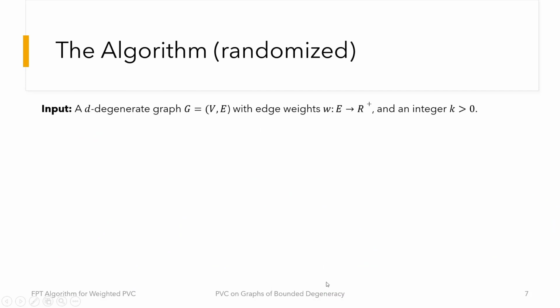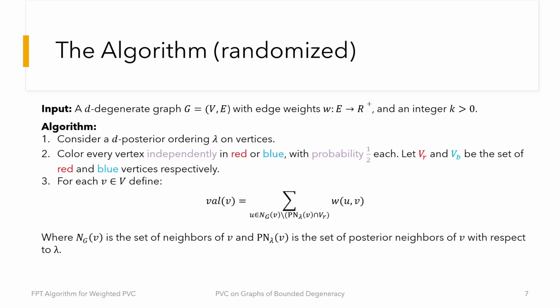Okay, so in the algorithm, we are given a degenerate graph G with edge weights, so the graph is weighted, and also an integer k. The algorithm is pretty simple. We consider a posterior ordering of the vertices of G, and then we color each vertex of G red or blue with probability 1/2 each and independently.